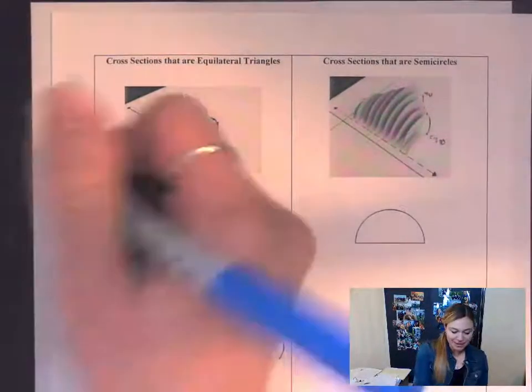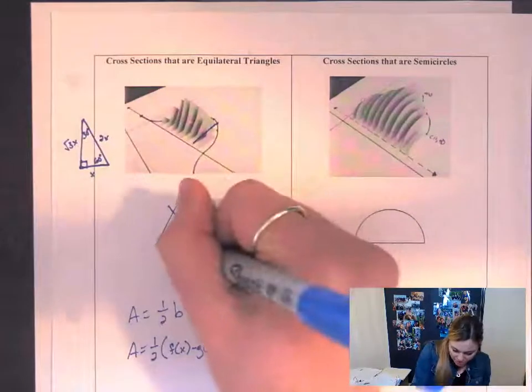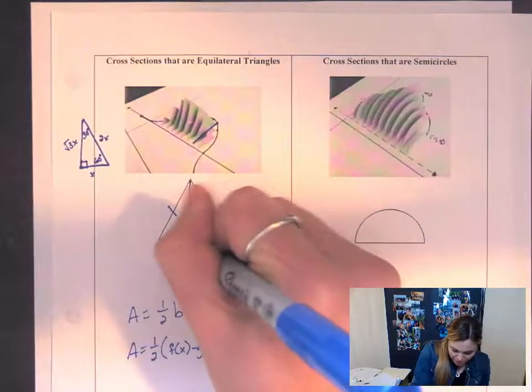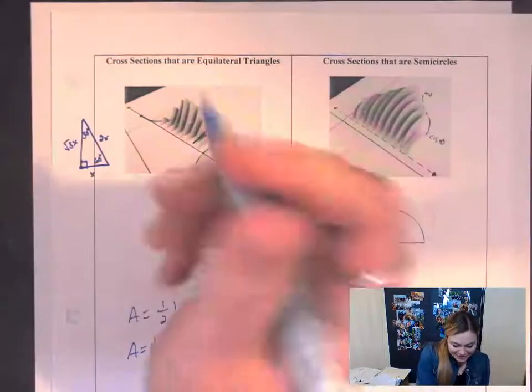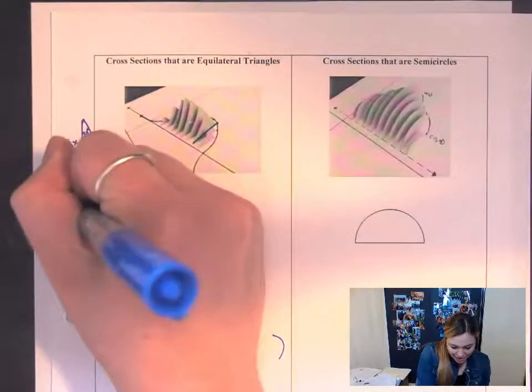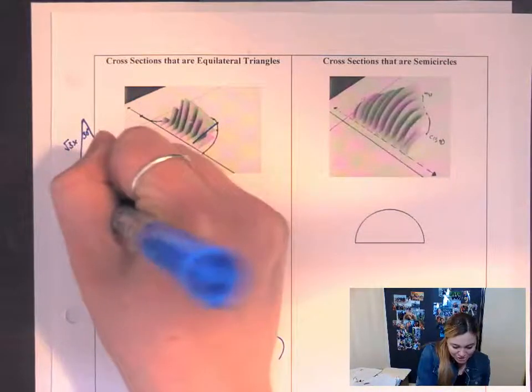I'm saying this because let's think about what x is in this case. It'll only be from here to here. Yeah, so x in this case would have to equal 1/2 f of x minus g of x.